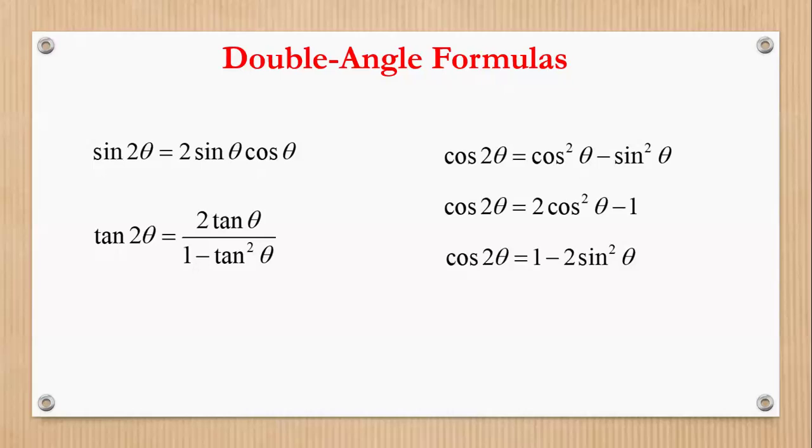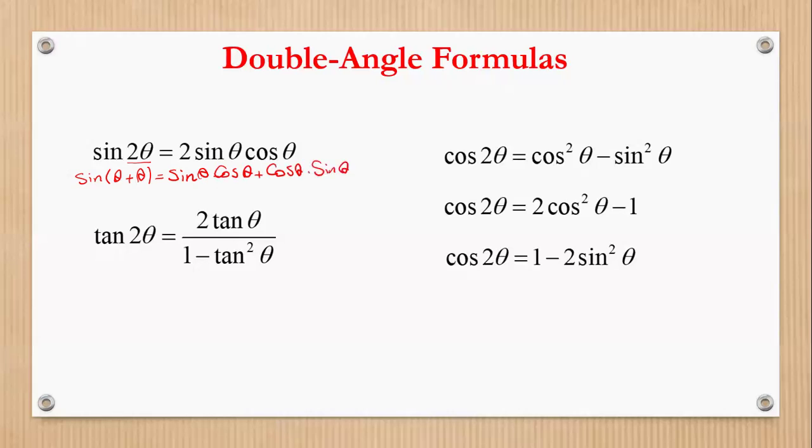For example, I just want to give you an example. To find the sine of 2 theta, instead of 2 theta, we can use theta plus theta, because 1 theta plus another theta is 2 theta. And then, based on what we learned in section 3.2 about sum formulas, we have the formula for the sum of two angles, which is the sine of the first angle times cosine of the second angle plus the cosine of the first angle times the sine of the second angle.